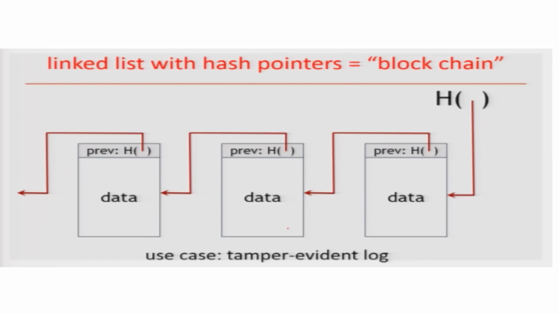Usually it is the temporally previous block, which means the block that was created before. So, when you create a new block, you compute the hash of the previous block and keep it inside your space. Then this block, when it was created, already knew what was created before it.